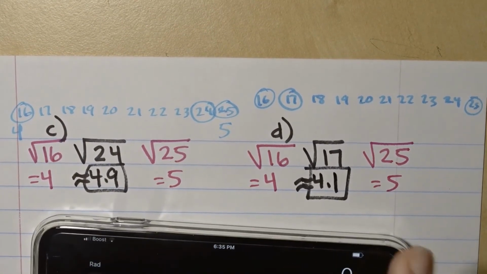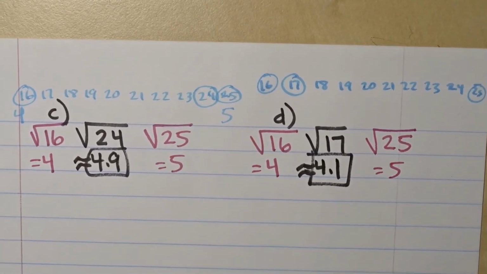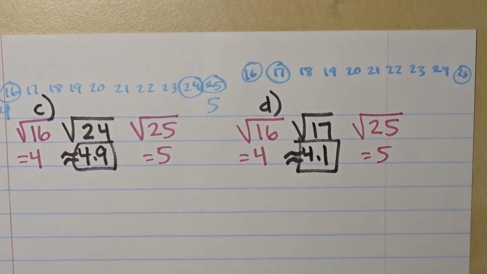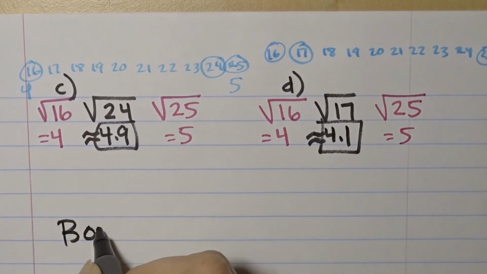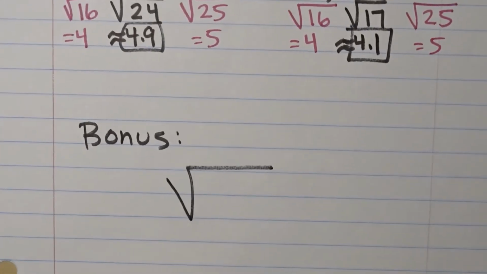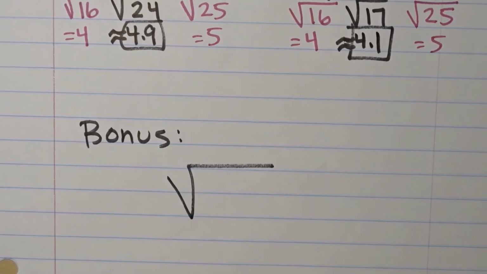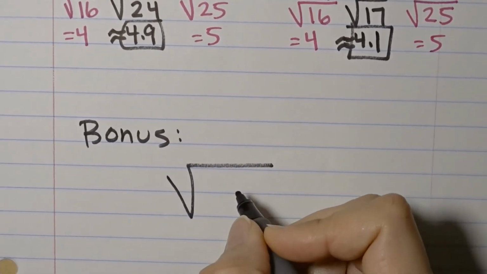All right, so there you go. Let's just do one more, because I don't want to have to write the list down, and see if you can get a close estimate, and then we'll be done. So I'll just make this a bonus. Estimate the square root of 52.